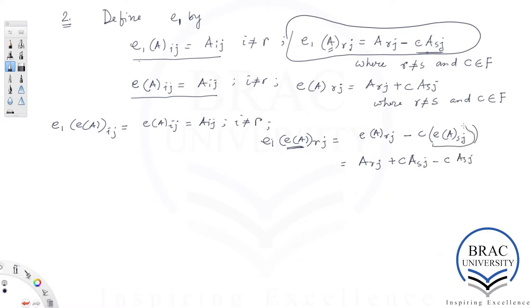Okay, this we can write as Asj using this, okay, because S is not equal to R. So it follows, since E of Asj is equal to Asj, as S is not equal to R, and this formula holds, that this is simply Arj.